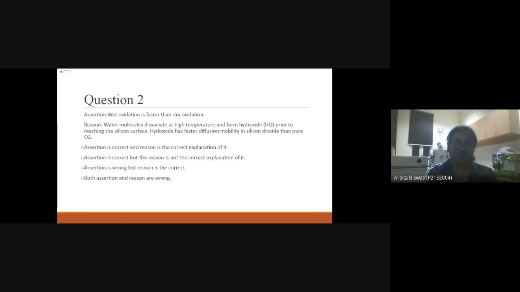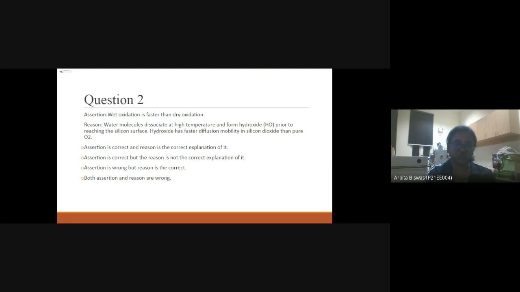Next, moving towards question number 2. The assertion is that wet oxidation is faster than dry oxidation. And the reason is that water molecules dissociate at high temperature and form hydroxyl prior to reaching the silicon surface. Hydroxide has faster diffusion mobility in silicon dioxide than pure oxygen.